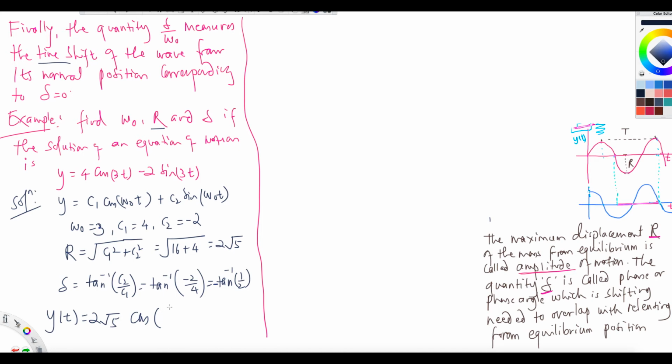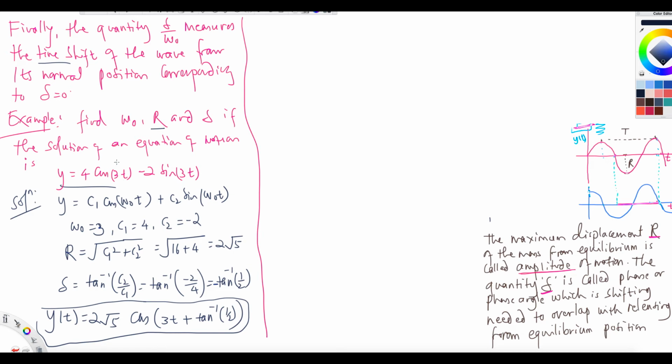Omega 0 is how much? 3, right? So 3t, and then minus delta, but minus will be plus tangent inverse 1 over 2. This is what you get. So this is the phase amplitude form of this given equation.